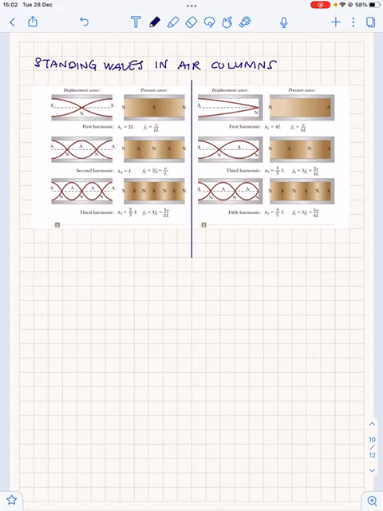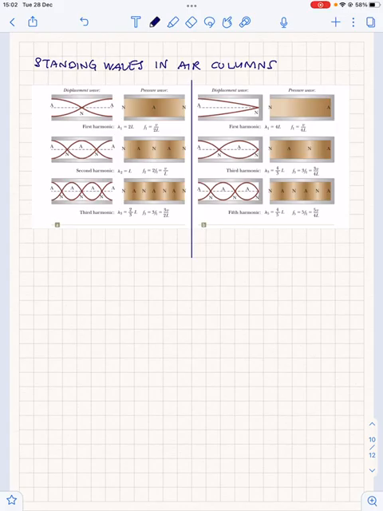Meaning that we have air columns open at both ends, and air columns closed at one end. As we have already discussed before about the node and anti-node, here we are applying the same concept.